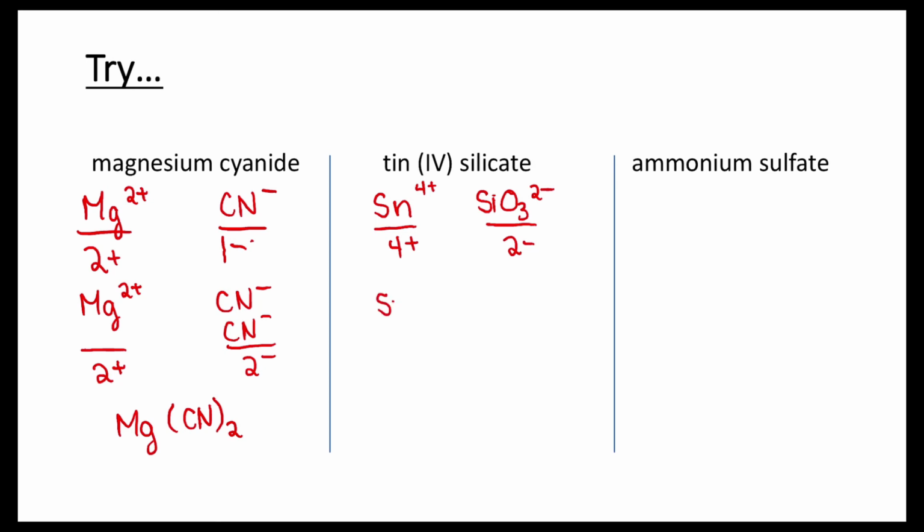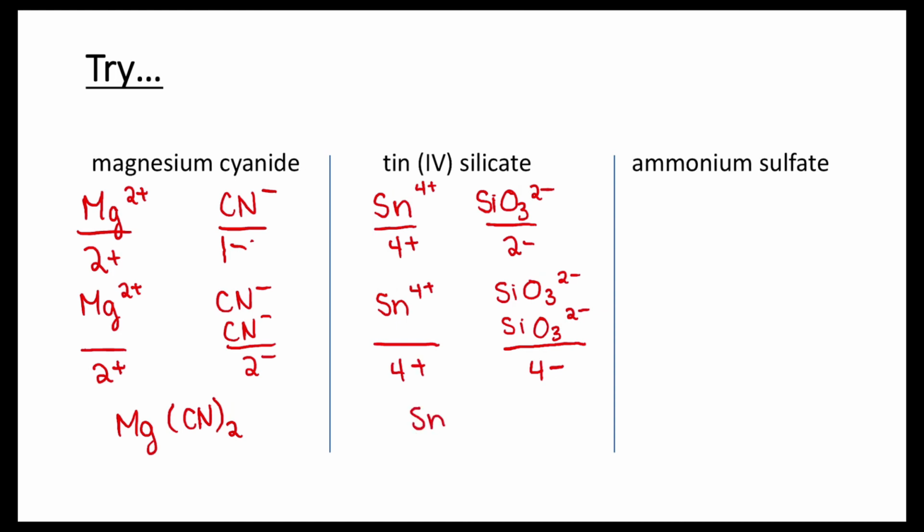So Sn 4 plus, and to balance that out, we are going to need 2 silicates. 2 minus plus 2 minus is equal to an overall 4 minus charge to balance out the 4 plus charge.